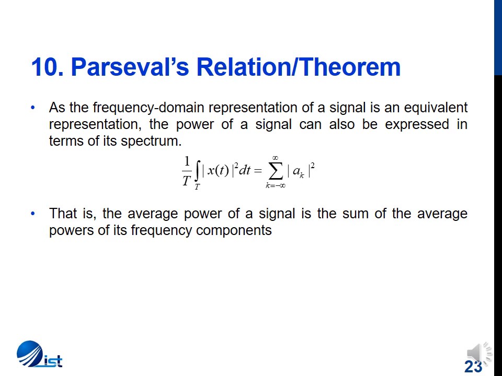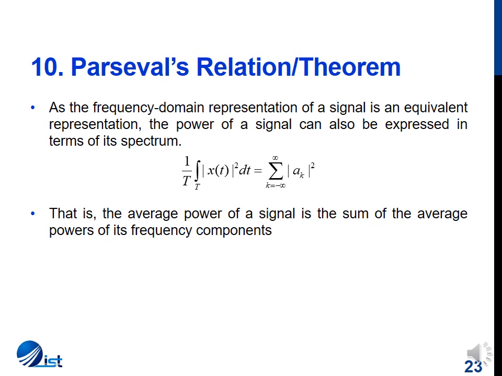Since the Fourier series or frequency domain representation of a signal is an equivalent form of its time domain representation, the power of the signal can also be determined from its spectrum, and the power is equal to the sum of all the squared ak coefficients over the entire range of k. So the average power of a signal is the sum of the average power of its frequency components.